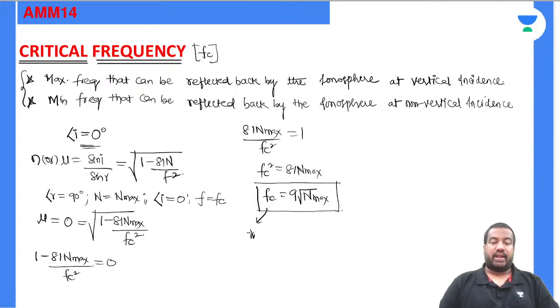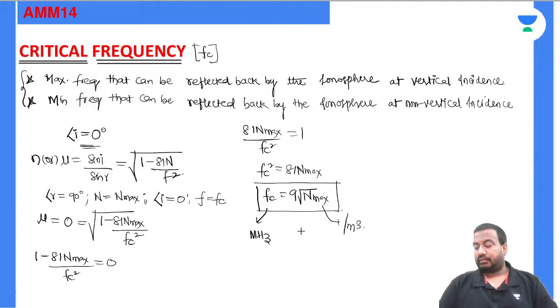Fc is the critical frequency measured in megahertz, and n max is ionic density measured in per meter cube. Got it?